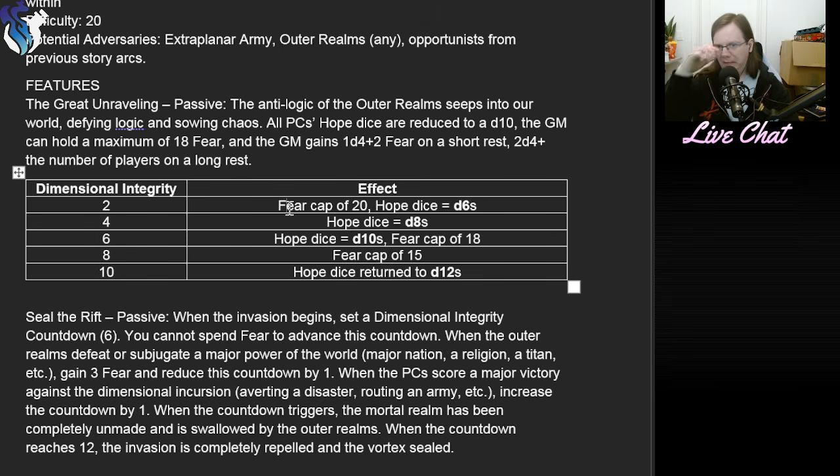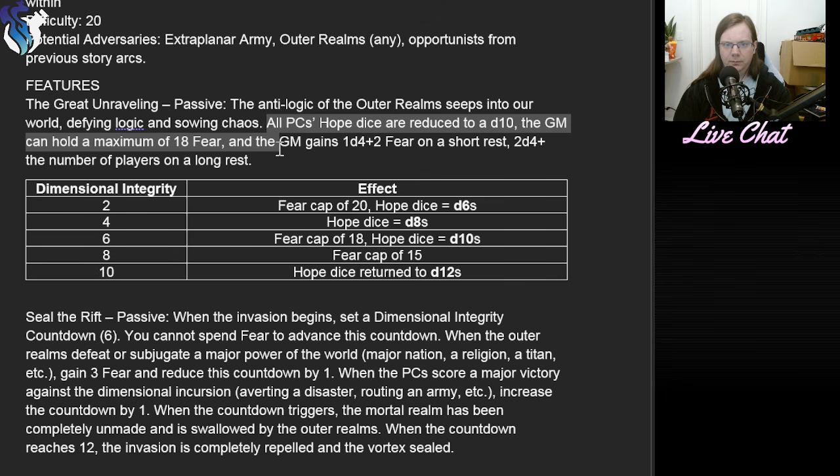So this says fear cap first, and this has hope die first. F comes before H alphabetically. So we're going to move this around. Right, 6 is the starting value. Fear cap of 18, hope dice equal d10s. Do I want to put the fear gain on this chart?